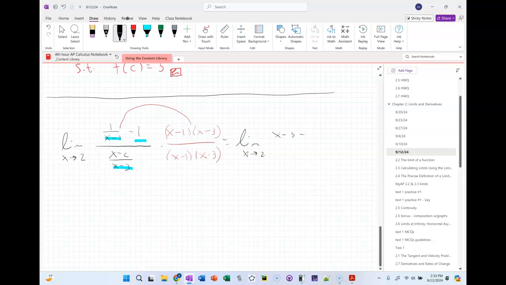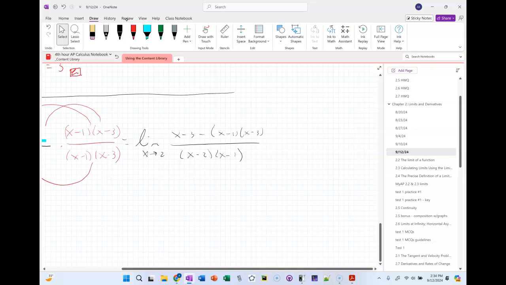Everybody's okay there? When I distribute to this piece, I get x minus 1 times x minus 3. And when I distribute to this piece, I get x minus 2 times x minus 1. Is that okay?